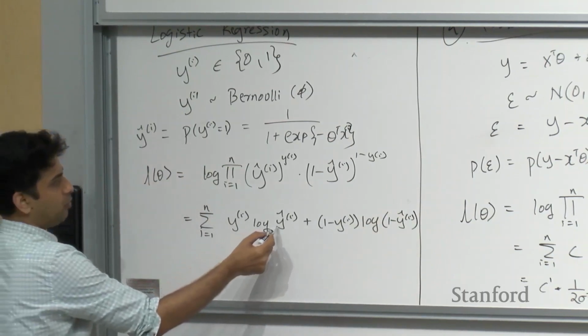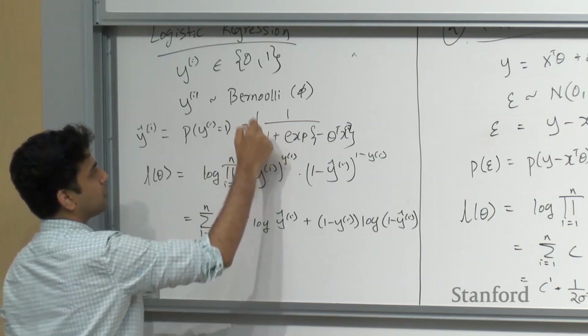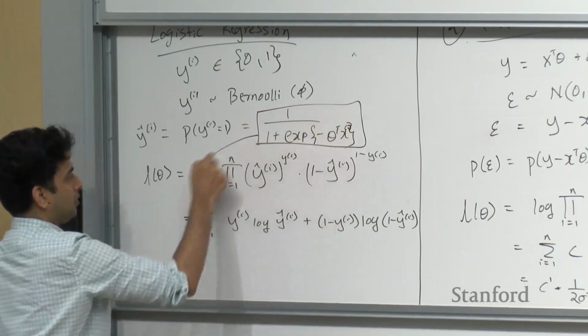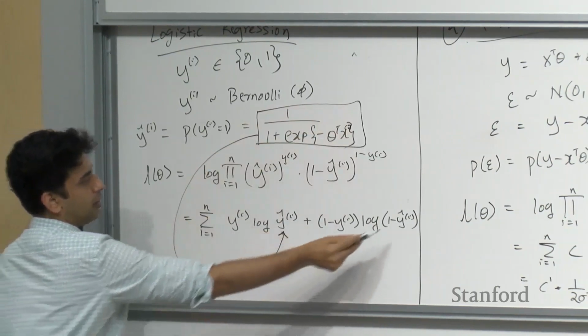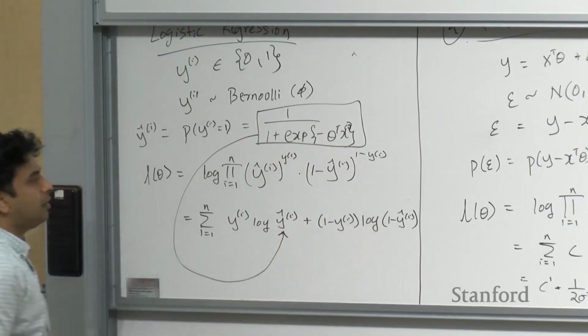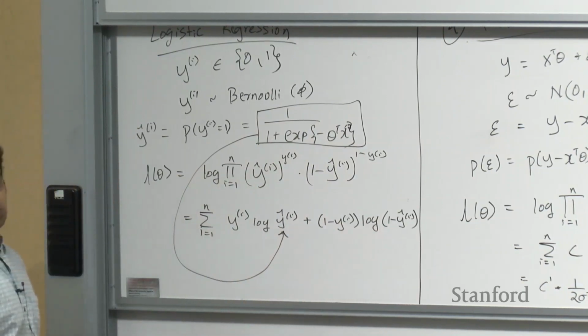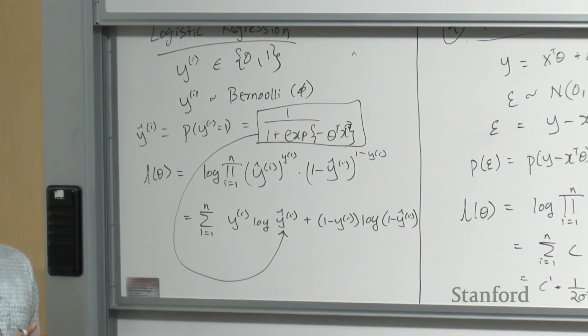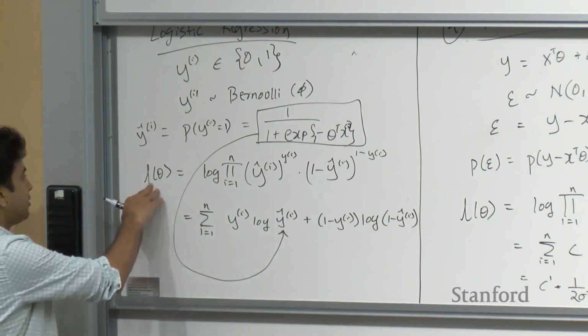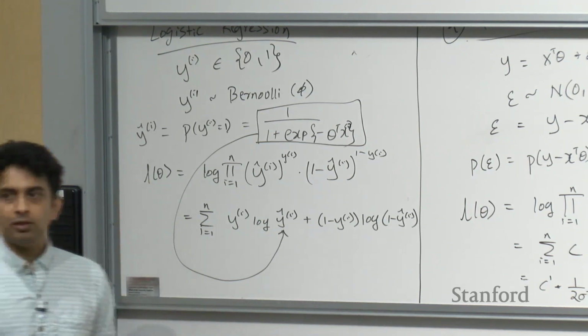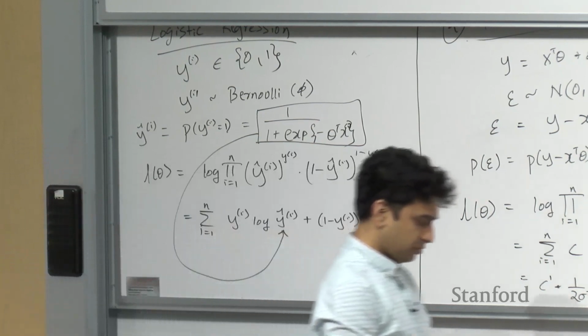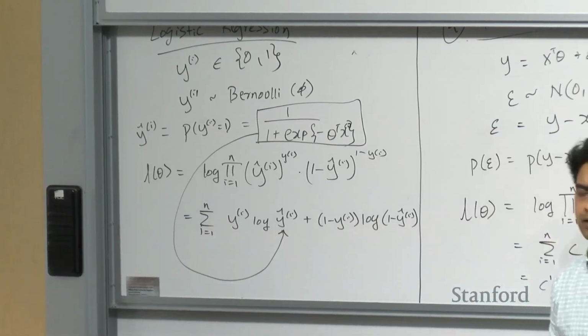And in place of y hat i, include this here and here, and to solve it we use gradient ascent. There is no closed form solution for this, right? Run gradient ascent, and when you converge, the theta value is basically the maximizer of this likelihood function, right? That was logistic regression. Any questions on that?